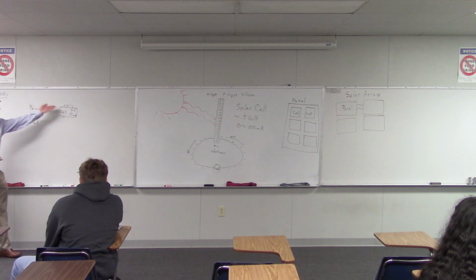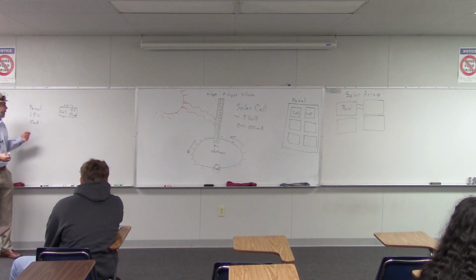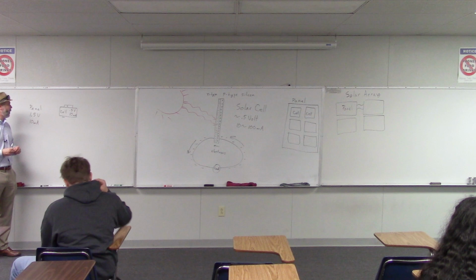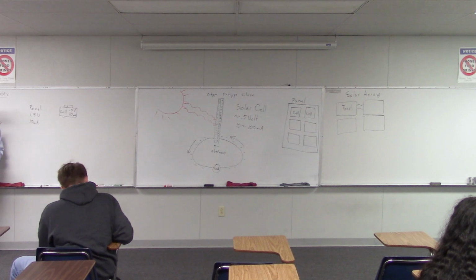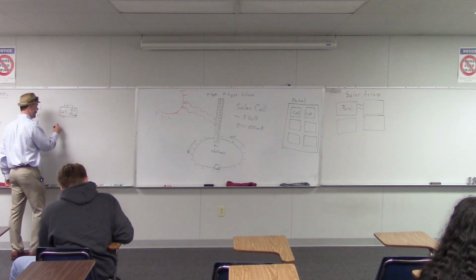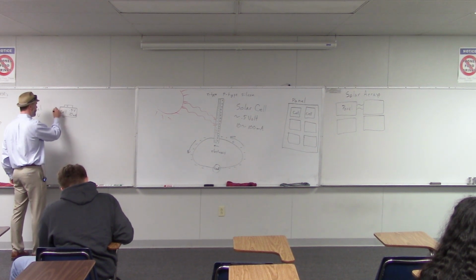So the question is, how can we wire them together to create 1.5 volts and 10 milliamps? You could wire 3 of them in series. That's perfect. Yeah, we can combine 3 of them in series. That's exactly right.